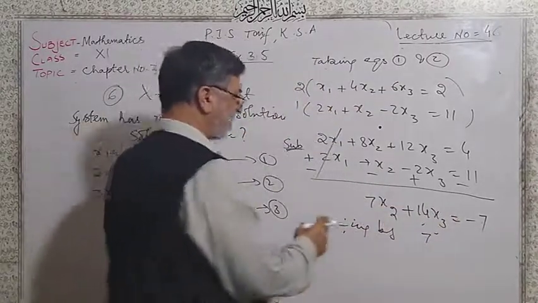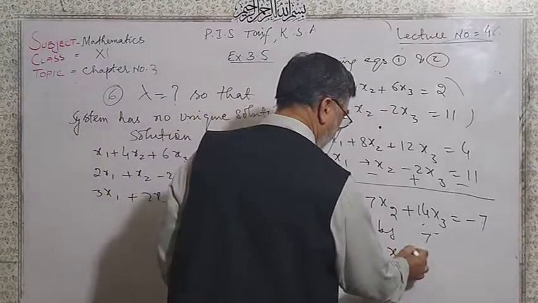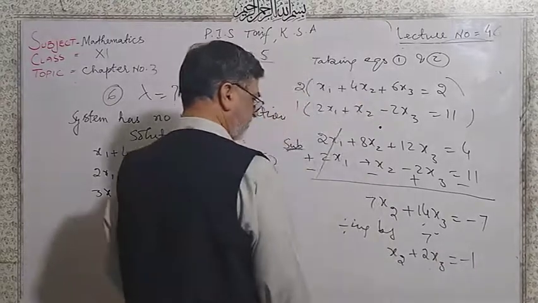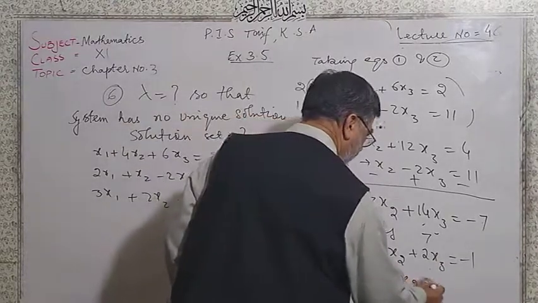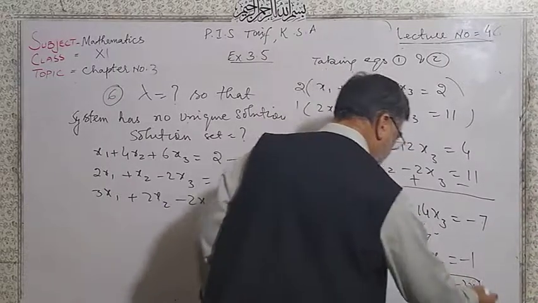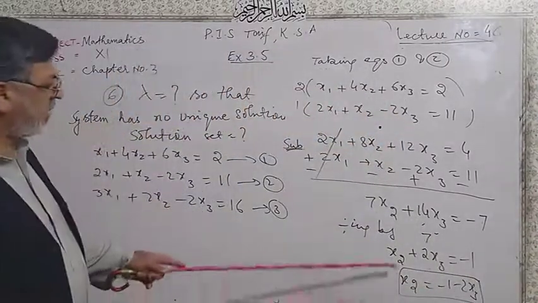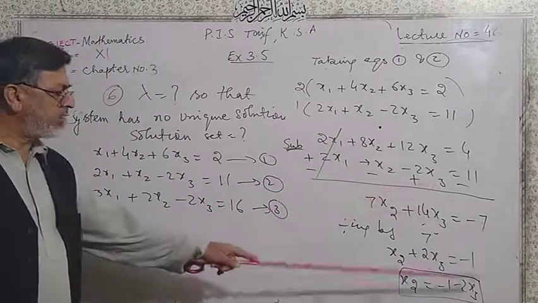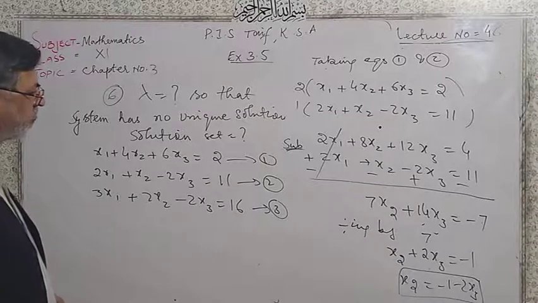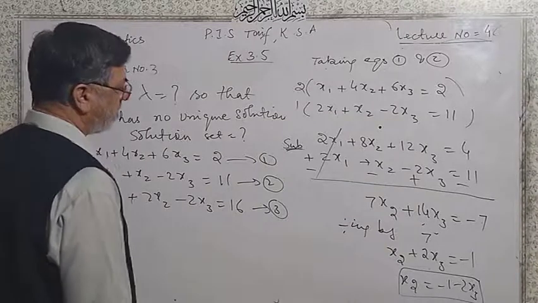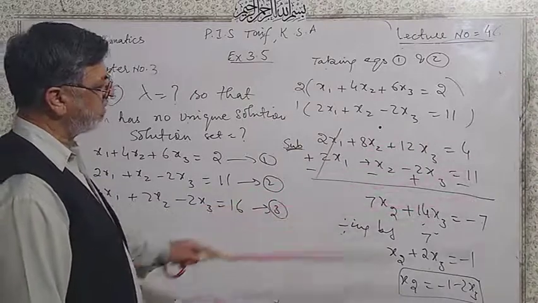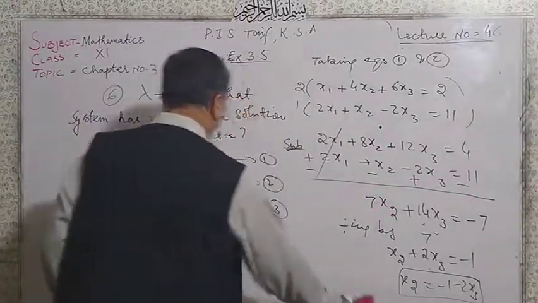Dividing throughout by 7, x2 plus 2x3 is equal to minus 1, and x2 is equal to minus 1 minus 2x3. Dear students, we have written x2 in terms of x3 here.